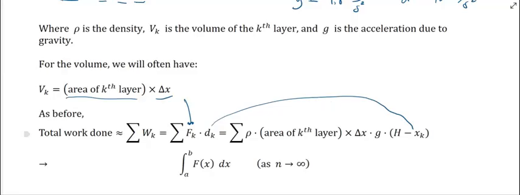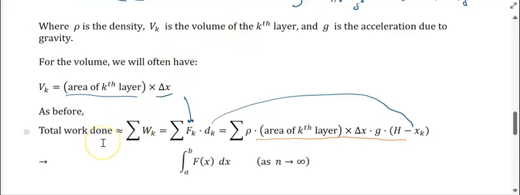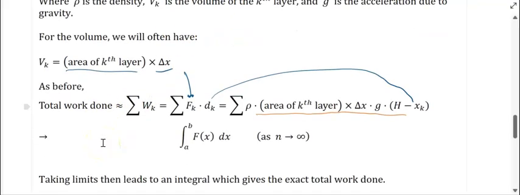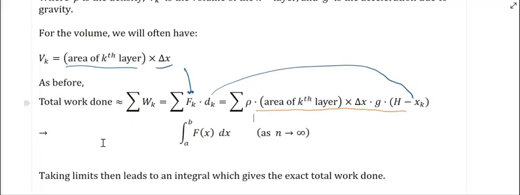Delta x does show up, just as a factor in a different order than it did for the lifting with cables or ropes. As we take limits, we still get a definite integral. Again, the delta x is becoming the dx part of it. The rest of the stuff is representing the force, but happens in a little different manner.